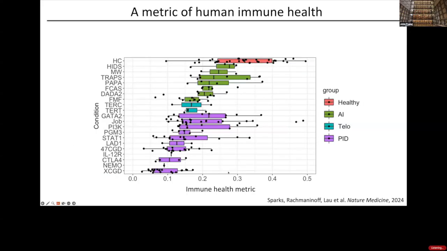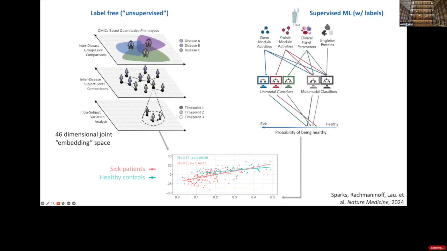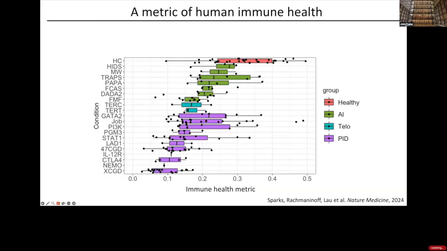We thought it was appropriate to call this an immune health metric, because one, it can clearly tell, just like the supervised model shows, the probability of someone being clinically healthy. And second, because it's continuous, it starts to delineate the different shades of health.